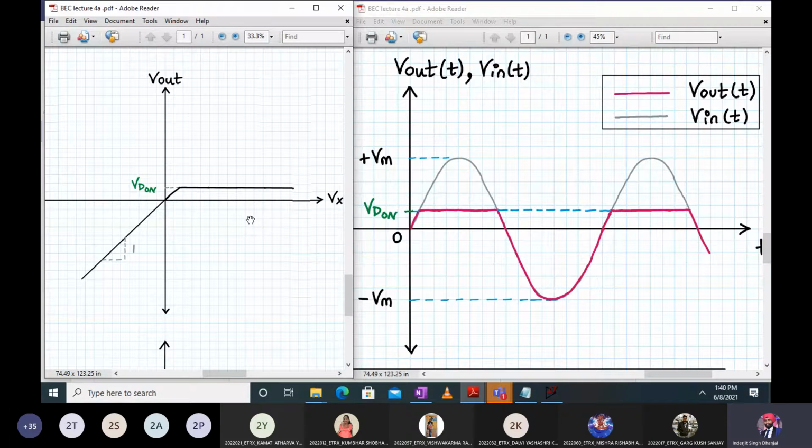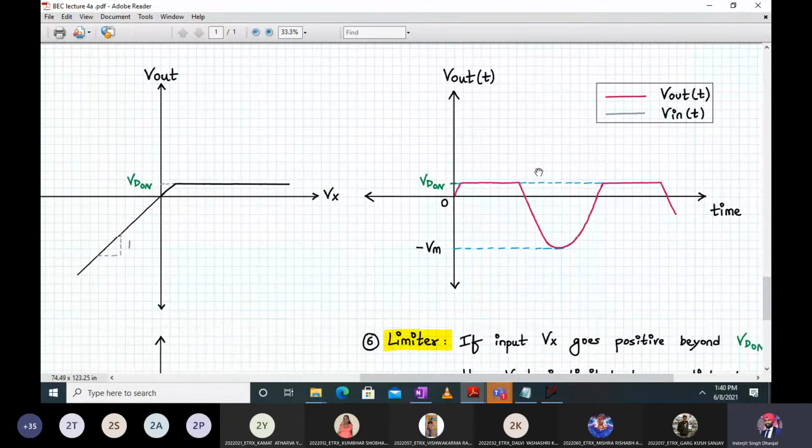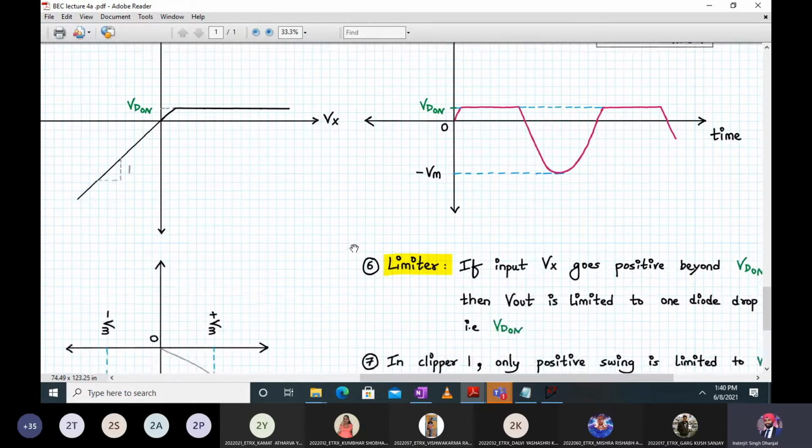So these are the three possible ways the question can be asked based on clippers. If they give you a diagram, input output waveform or VTC curve, they will call it design a clipper circuit. Design means you have to identify the clipper circuit, draw it, and explain it.